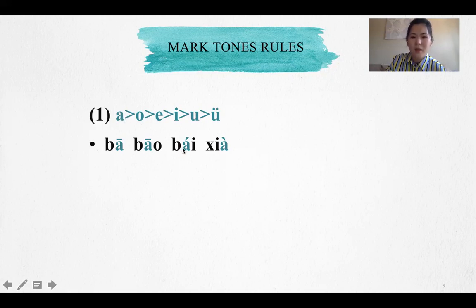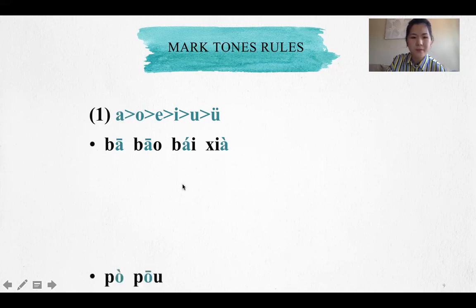And this one, a and e, bai. So it's also A first. This is the order. A, O, E, I, U, Ü, right? So E is behind A, so we put it on A. And this one, xia. It doesn't matter if this A is in front of E or behind E, because the order is you put the tone on A first, so you always put it here.